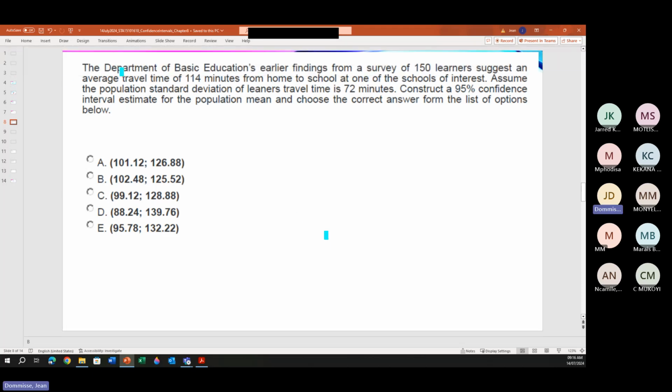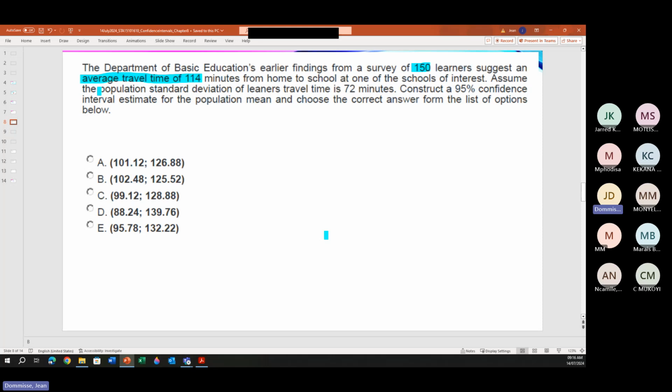So the Department of Basic Education, earlier findings from a survey, 150 learners suggest an average travel time. There's our mean from home to school at one of the schools of interest.